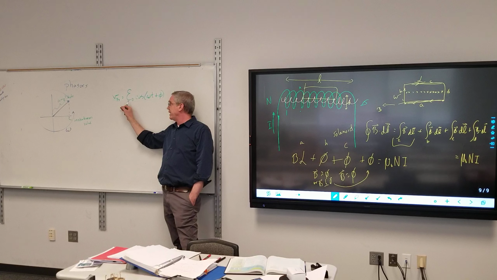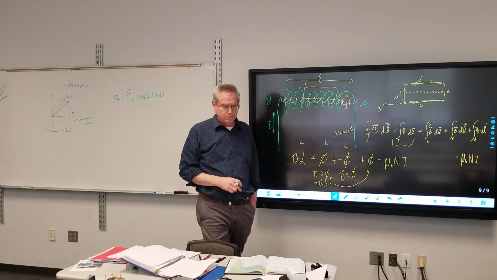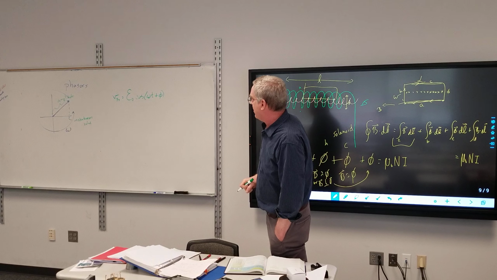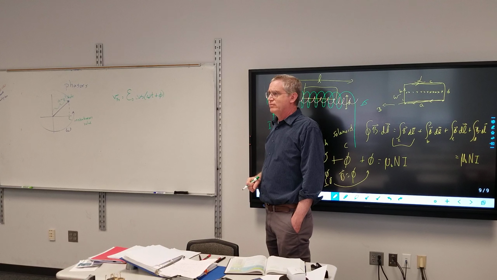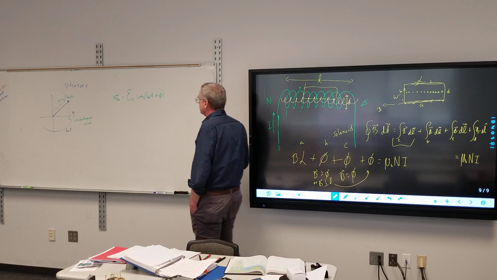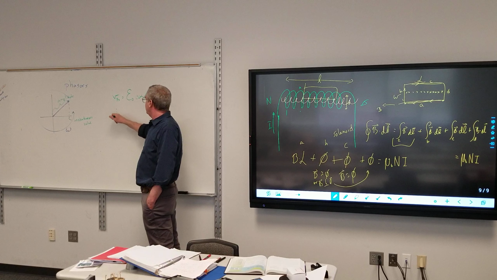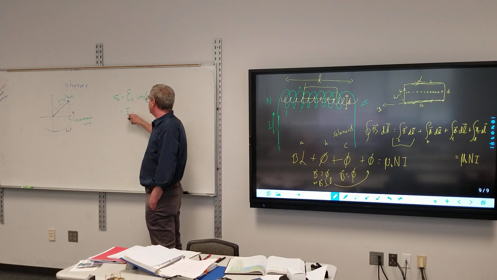This is the maximum value of voltage, omega is the angular frequency, and phi is the phase shift. Even though we will deal with a lot of problems where the phase shift is zero, in reality phase shifts rarely are zero. The current would be some maximum value of I times some trig function, not necessarily going to be cosine. We'll get to that.